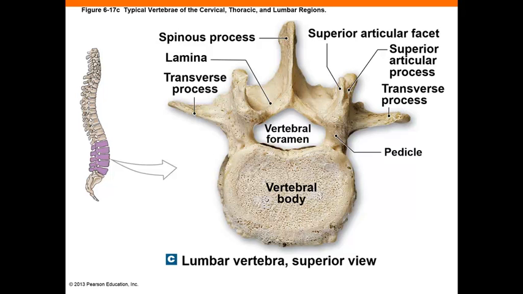The lumbar vertebrae is the last section of your typical vertebrae. So there are 5 lumbar vertebrae. The vertebral body is significantly larger in the lumbar vertebrae and thicker, much more oval. It has a massive stumpy spinous process and a blade-like transverse process.